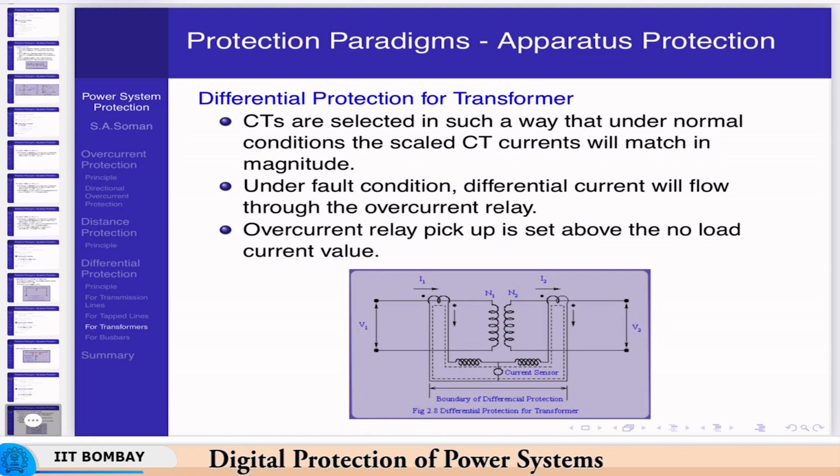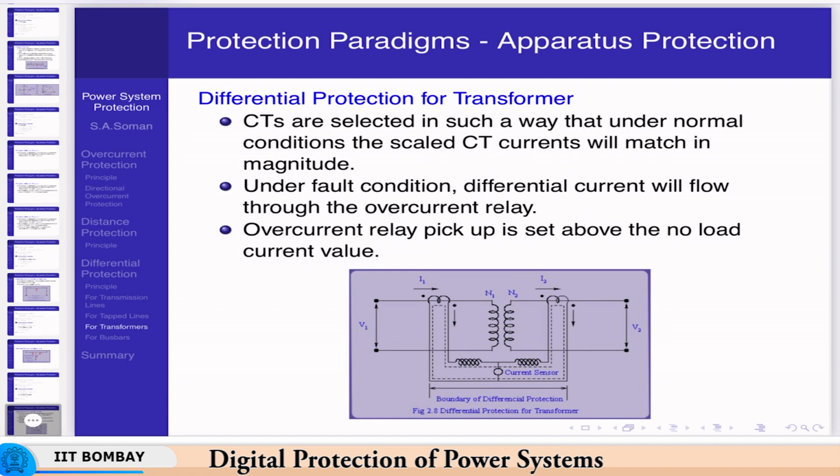So you can't simply summate the currents without adjusting for this turns ratio. So if you can see here, this is of course motivated by the legacy electromechanical kind of relay. You can do without this in the numerical part, which we will see later.